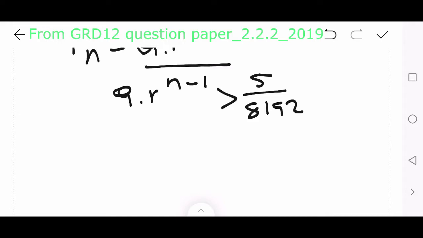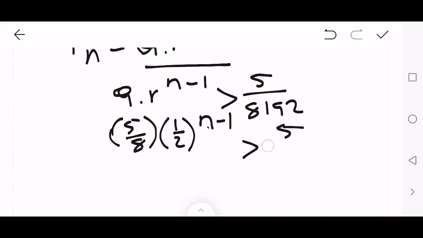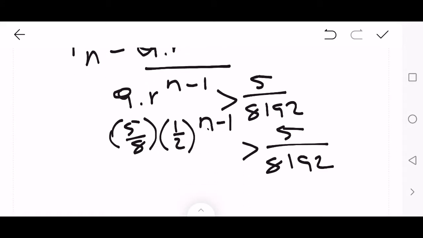So substituting, we have our a, which is 5 over 8, and r is 1 over 2 to the power n minus 1 is greater than 5 over 8192. The question said that we should calculate the value of n for which Tn is greater than that value. So now we can calculate the value of n.